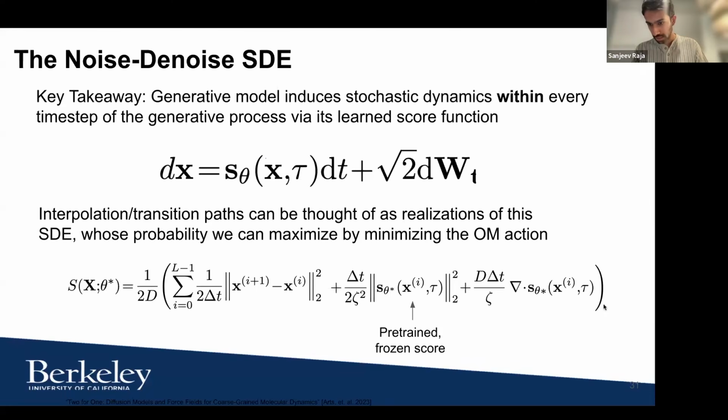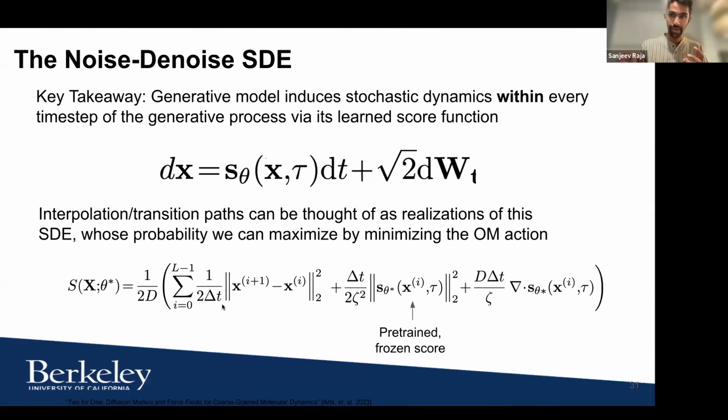How is the method sensitive to the number of discretization steps? That's a great question. In some sense it's sensitive to the total time horizon of the optimization. So the total time horizon of the transition path sampling is given by L times delta t, right?